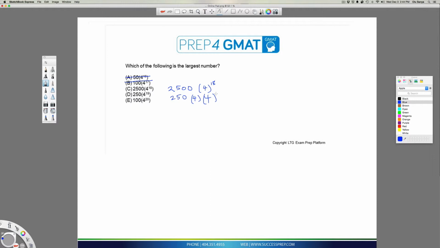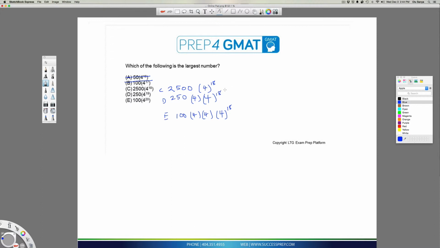So this gives us a way to compare everything to 4 to the 18. For E, we could look at that as 100 times 4 times 4 times 4 to the 18. The reason I did that is because I want to compare everything in terms of 4 to the 18. This 4 to the 20 has twenty 4s, so I take 2 of them out to have just 4 to the 18 left.